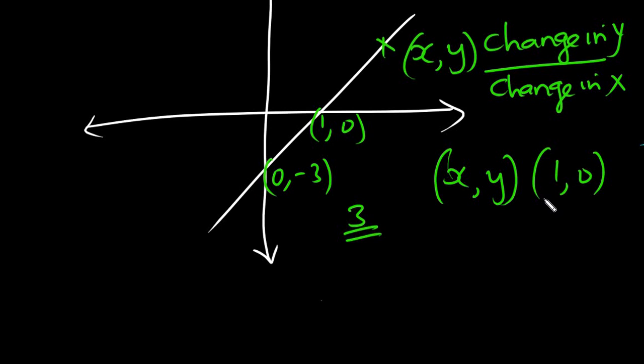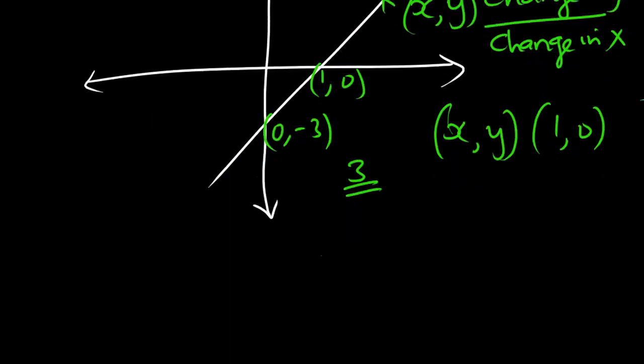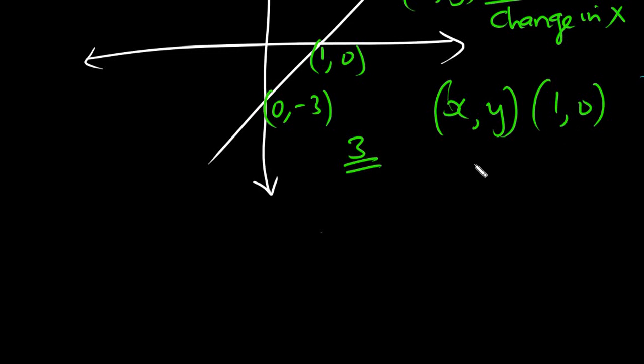We'll get the gradient here in terms of x and y, so we can now equate that to the gradient which we already know is 3. The change in y is y minus 0, divided by the change in x, which is x minus 1.